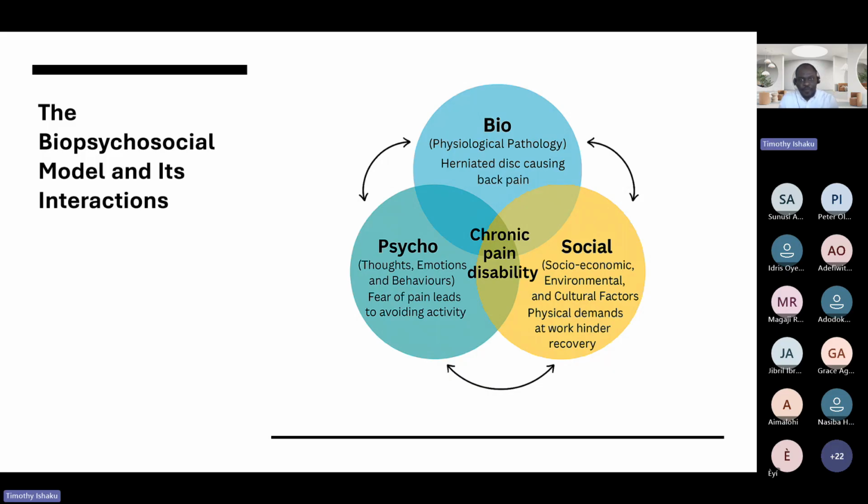It considers the medical or the biological aspects of care. It considers the psychological, the thoughts, emotions, the behaviors of the person, such as fear of pain.